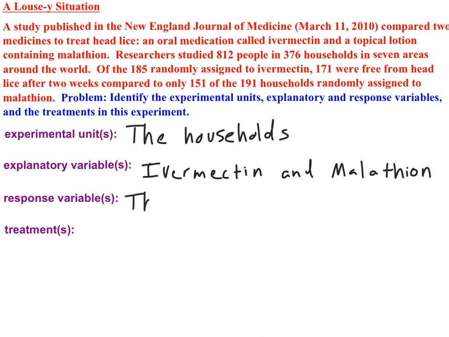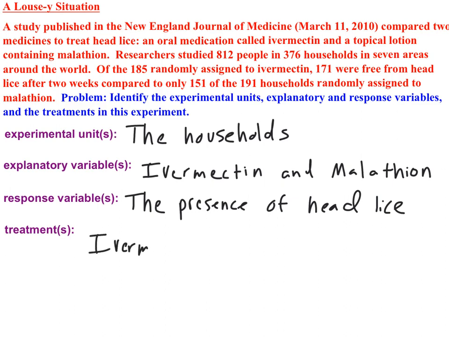The response variable, pretty straightforward. Presence of head lice. Sounds like the study is measuring for that particular household: did it get rid of it or did it not? And those two explanatory variables, those are also what we would call our treatments.